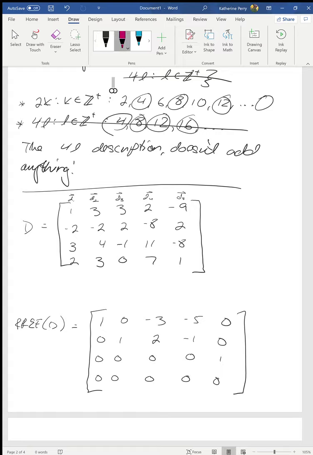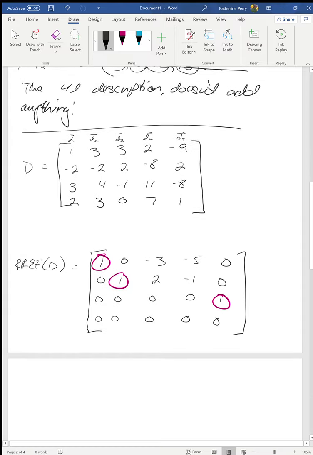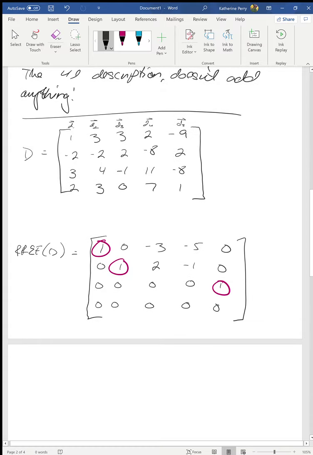And we identified that we had pivots in the first, second, and fifth columns. And we said that implies that these three columns, first, second, fifth, formed a basis for the column space of this matrix.